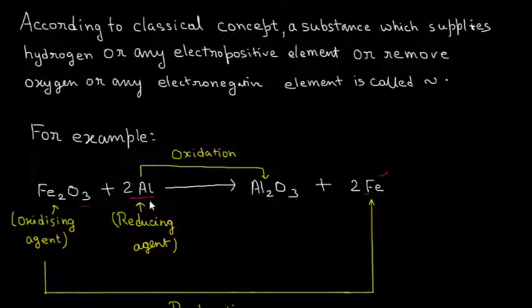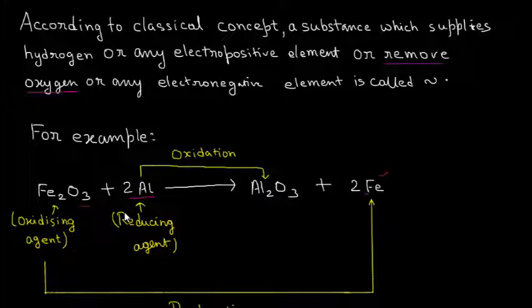Therefore aluminum is a reducing agent, because any substance which removes oxygen is a reducing agent. So in this case aluminum removes oxygen from Fe2O3, so aluminum is a reducing agent.